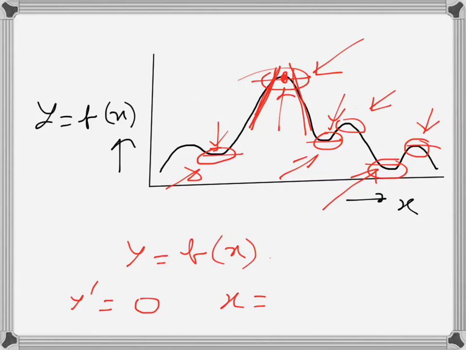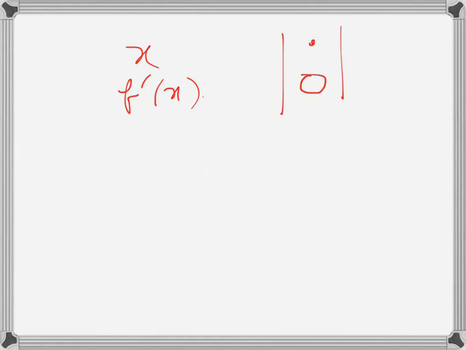Similarly, if we look at a minima point, like say this one, on the left the gradient is negative, and on the right the gradient is positive. So this one is like that. This point is the stationary point, and this one becomes a minima.